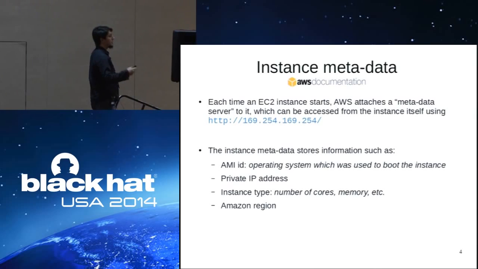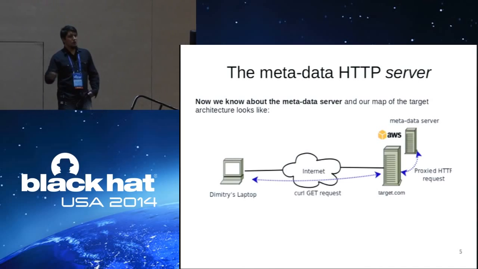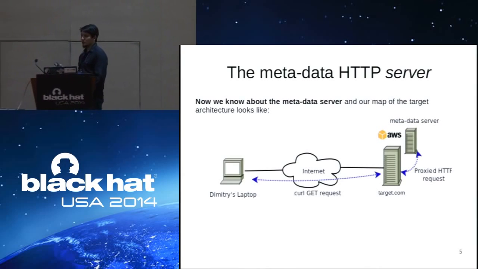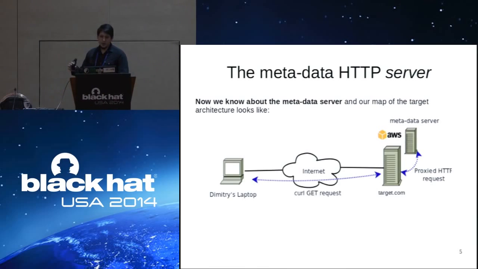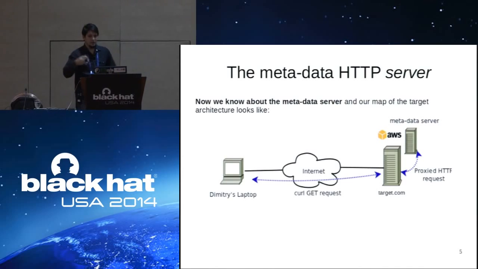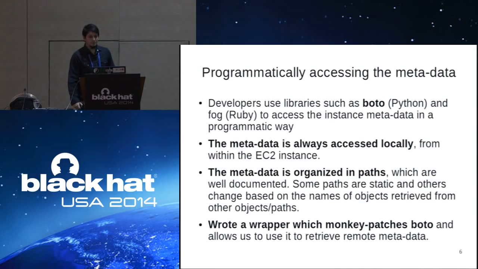So from an attacker's perspective, this is how it looked for me at that point. I was able to forward HTTP traffic to that metadata server and access information from there.